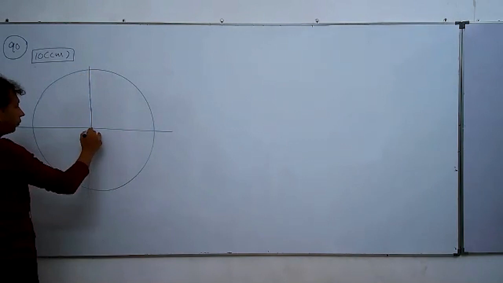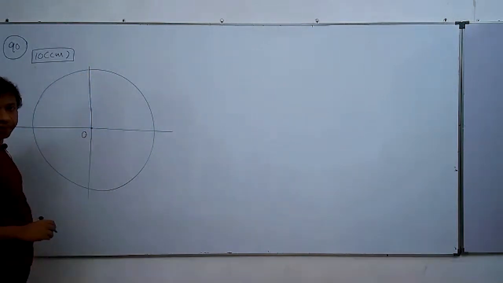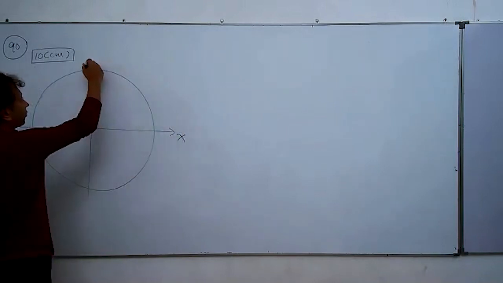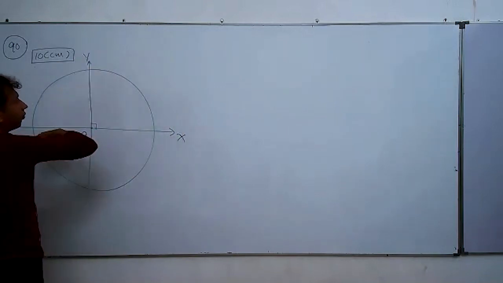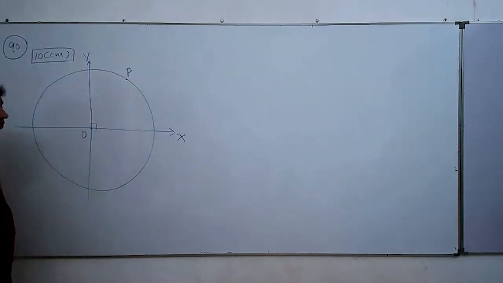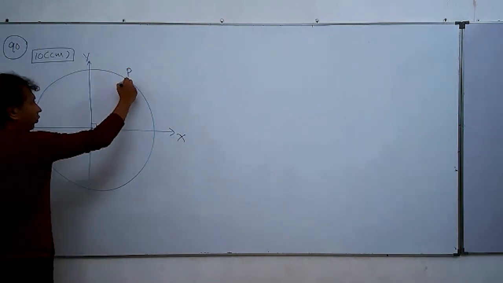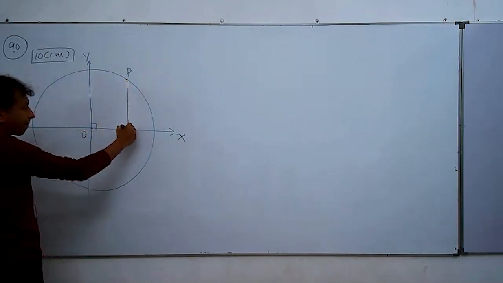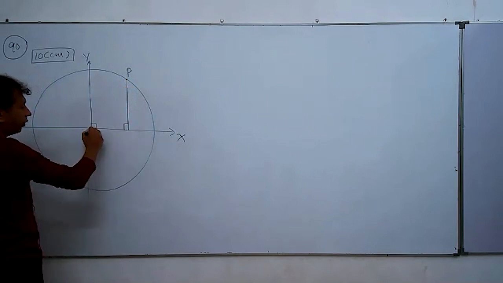Center is here, radius is 10. This is the x-axis, this the y-axis, suppose. Then I select a point on the circle as P. I drop a perpendicular from this P on the x-axis like this. 90 degrees. Then I join this O and P.